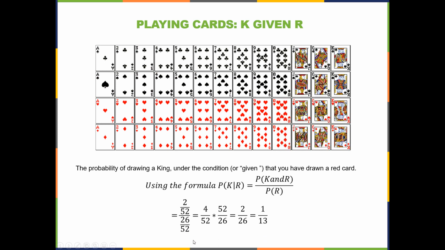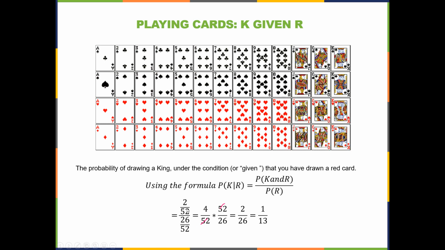So that would look like this. There are two cards here that are both red and also kings out of the entire deck of 52. So that's 2 out of 52. Divided by the probability of getting a red card, which is half of the deck, 26 cards out of the entire 52. So notice what happens when we do this formula.